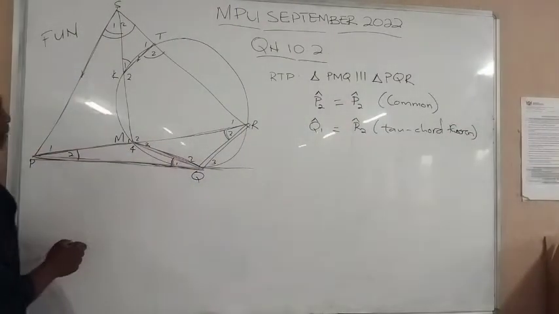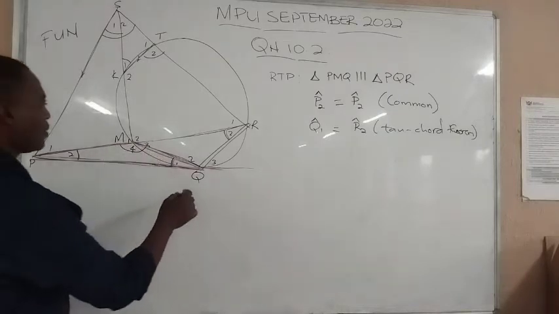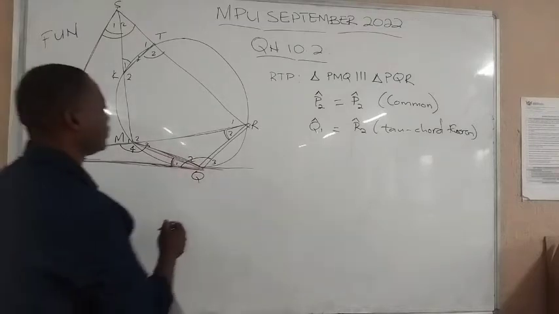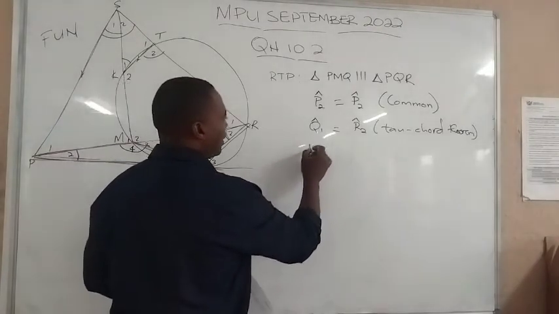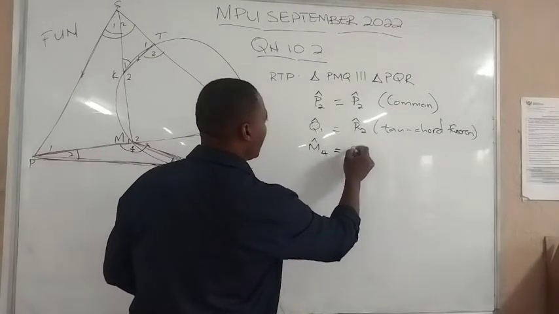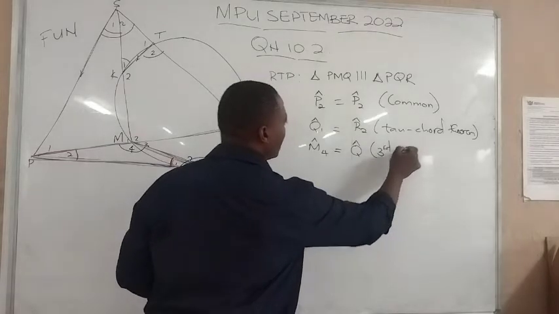Alright, the third angle, which is angle M4 and angle Q. Angle M4 is equal to angle Q, and this is the third angle.